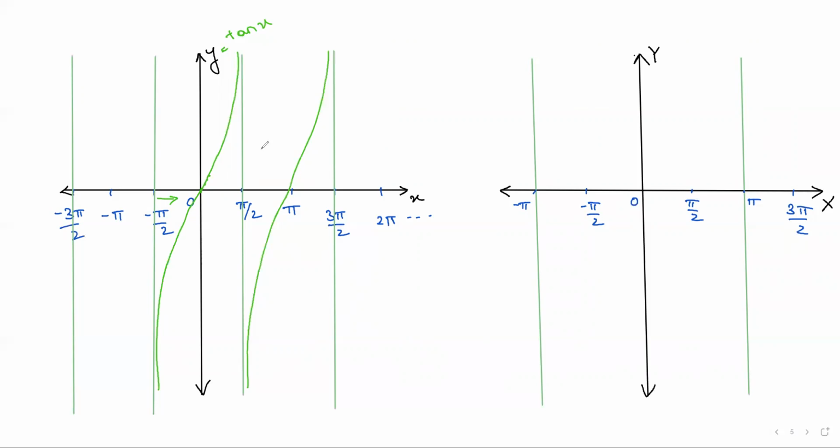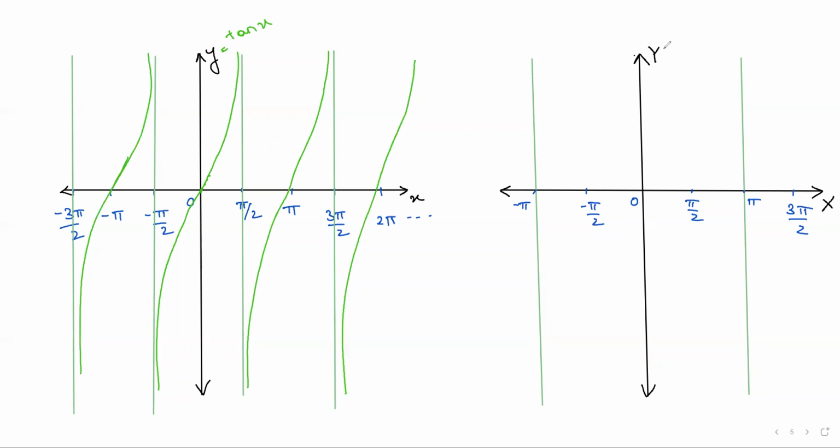This is what we also understood from your domain and range information. This curve will keep on continuing, and here also you'll have the same curve-like structure.